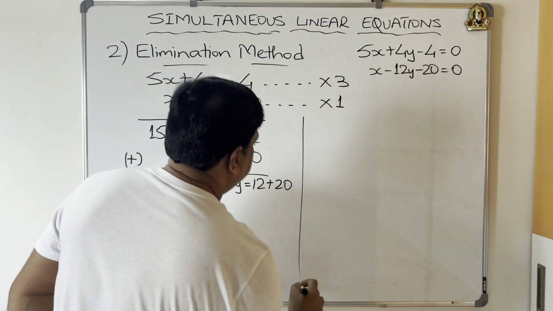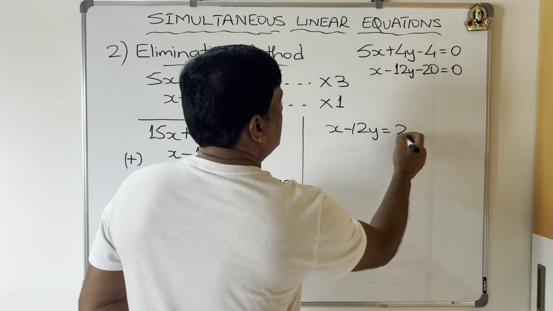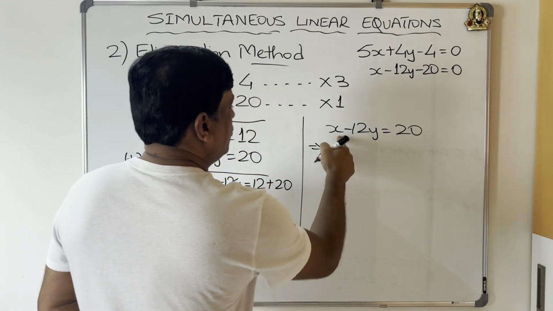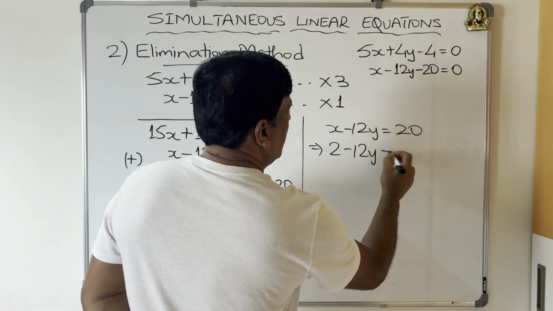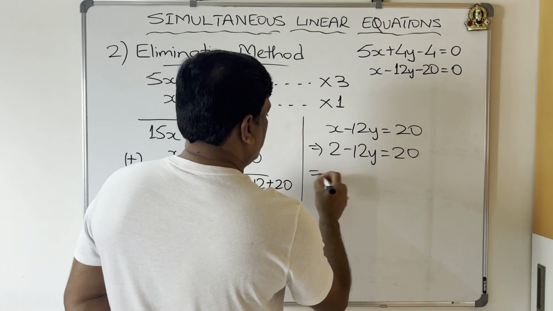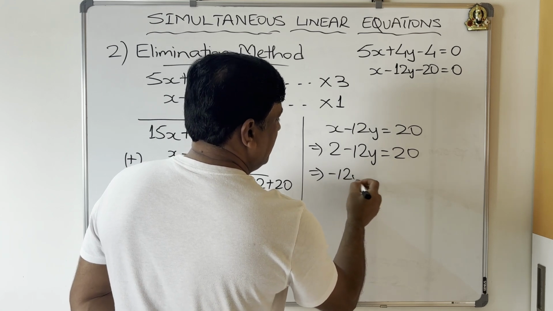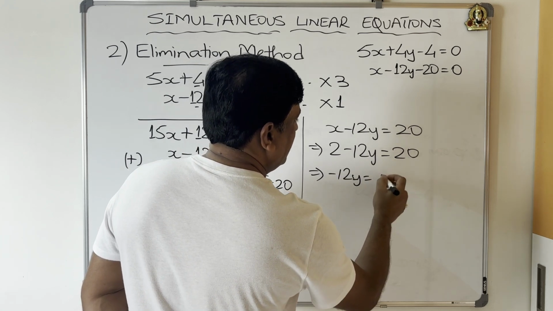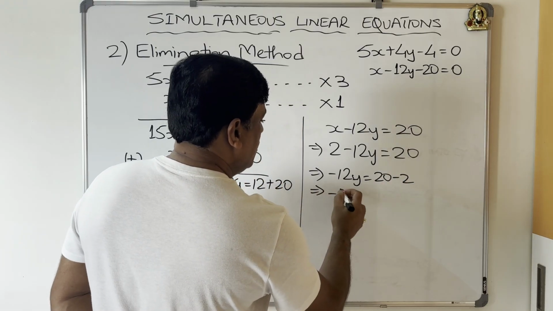So if I take that, x minus 12y is equal to 20. Now I know that the value of x is 2, so I'll put 2 over here. Minus 12y, keep it over here, and this will become 20 minus 2, which is equal to 18.